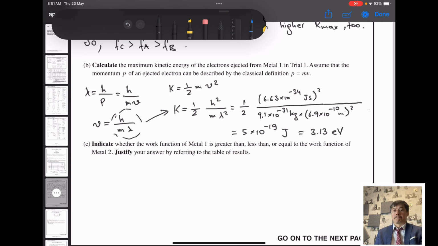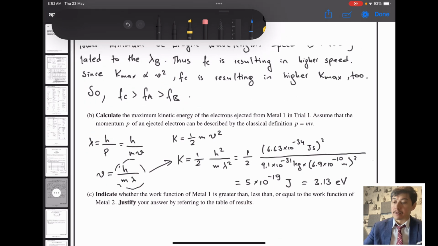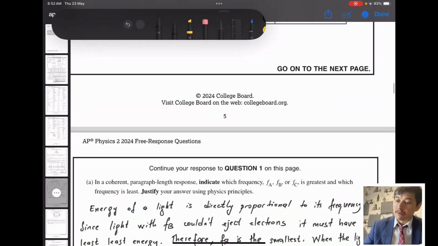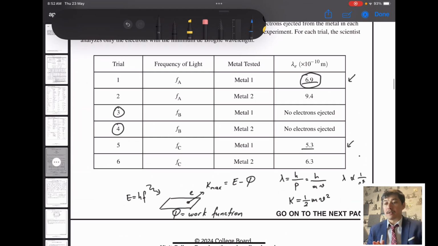Okay, done. Part C. Indicate whether the work function of metal 1 is greater than, less than, or equal to the work function of metal 2. Justify your answer by referring to the table of results. Now we have to compare the work function of metals. To do that, we have to choose some trials. 3 and 4 are not useful here because no electrons were ejected.